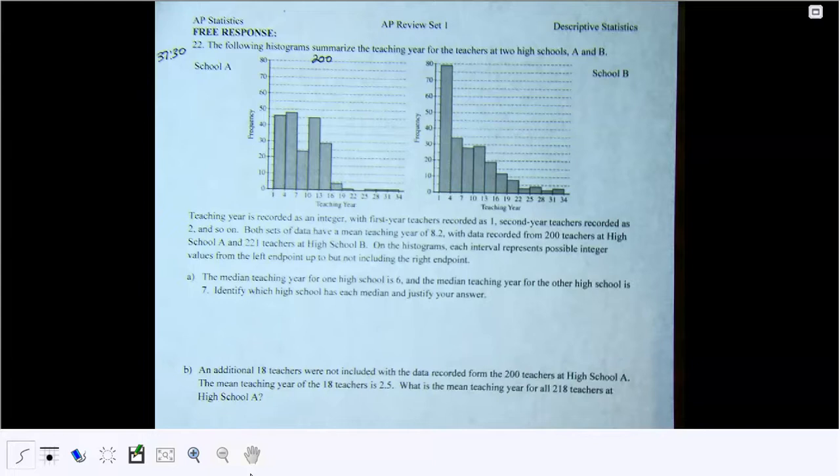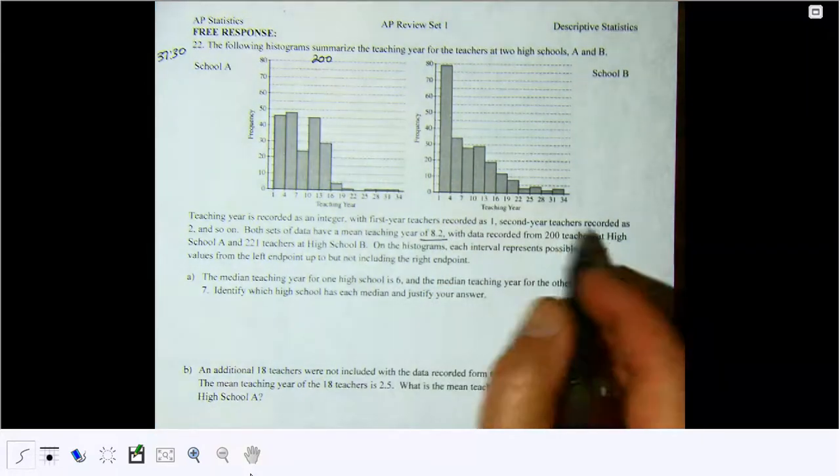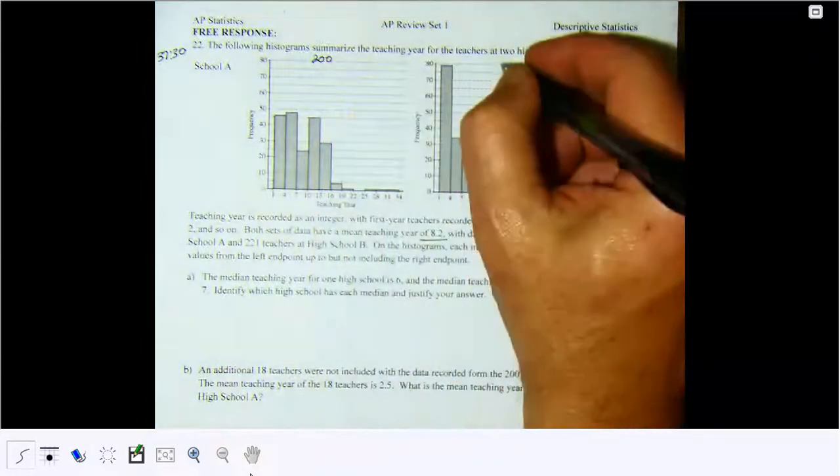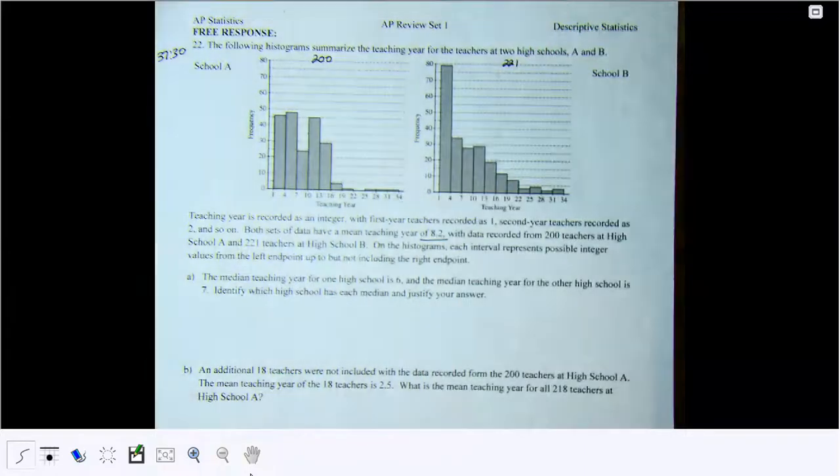Teaching year is recorded as an integer, with first year teachers recorded as 1, second year teachers recorded as 2, and so on. Both sets of data have a mean teaching year of 8.2, with data recorded from 200 teachers at high school A, which we already recorded, and 221 teachers at high school B. On the histograms, each interval represents the possible integer values from the left endpoint up to, but not including, the right endpoint.